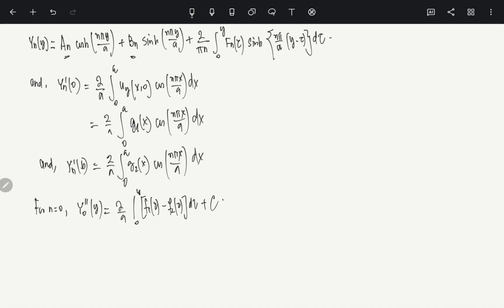Now if you put in this boundary condition, you get that c is nothing but 2 by a integral from 0 to a of g1(x) dx. Clear?